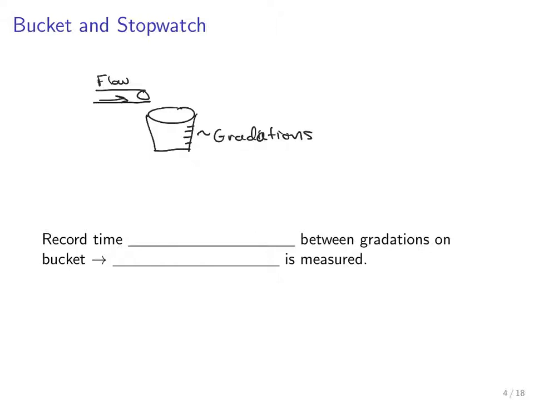And then we measure how fast the level of fluid in the bucket is reaching each gradation using a stopwatch. And what we do is we record that time difference or time lapse between gradations on the bucket. And that way we measure the volume per unit time.